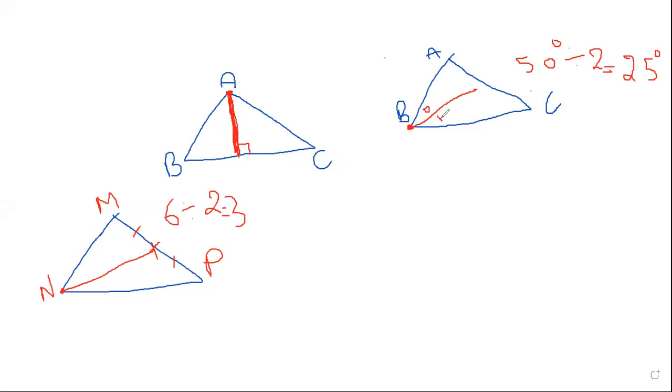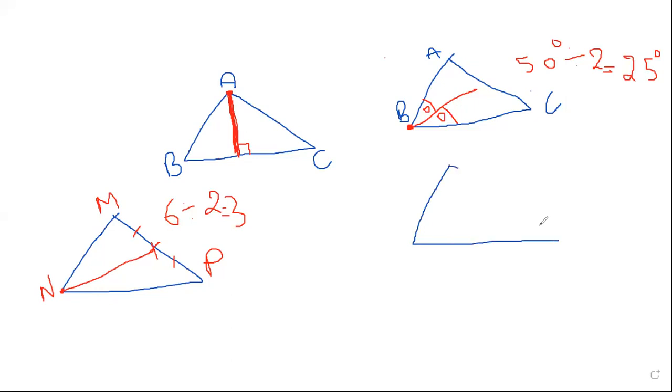These two angles are equal to each other. This angle is equal to 25 degrees and also this angle is equal to 25 degrees. This is the bisector.